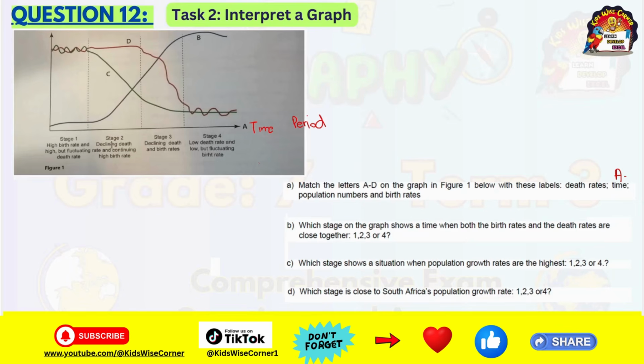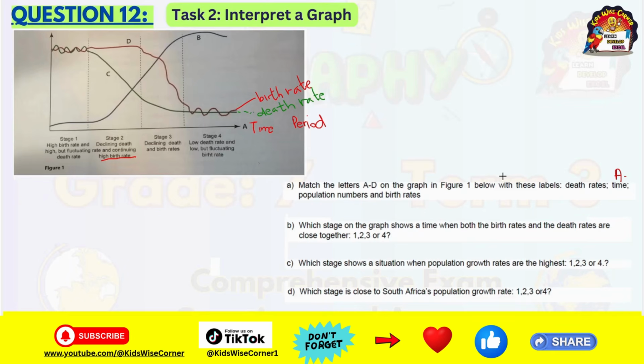Let's read on. In stage 2, it says a declining death rate and continuing high birth rate. So this red looks like it is the birth rate, because it says there high birth rate and declining death rate. So this here in green is the death rate.